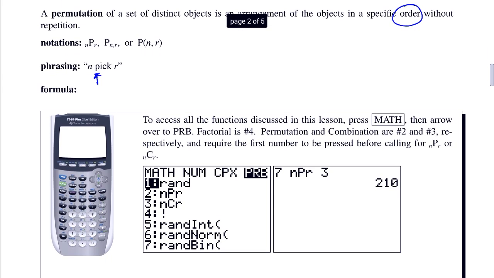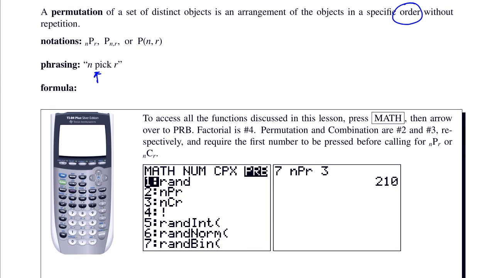Now these functions are in your calculator, and you can access them through the math button. So if you have your calculator, some of you already found these, right? You can go to math, and then you want to get to probability, PRB rather, and that's the one on the end here. You can get to that one by going from left to the right immediately by doing left, and it comes up there.